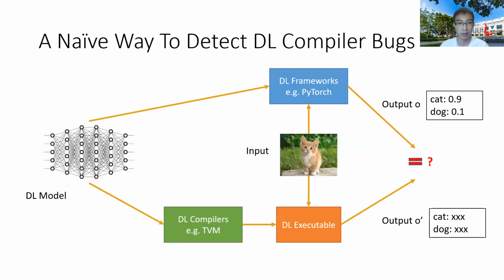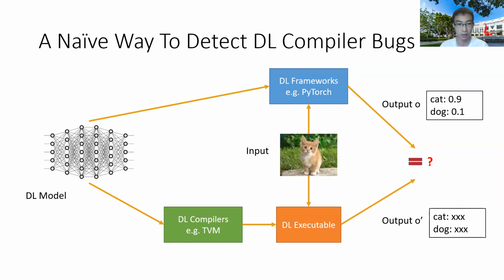Well, you may think about a naive way for doing so. First, you take the deep learning model specification and run it with an input, for example, this image of a cat, through deep learning frameworks such as TensorFlow, and you get an output O, which in this case is the classification probability of cat and dog.